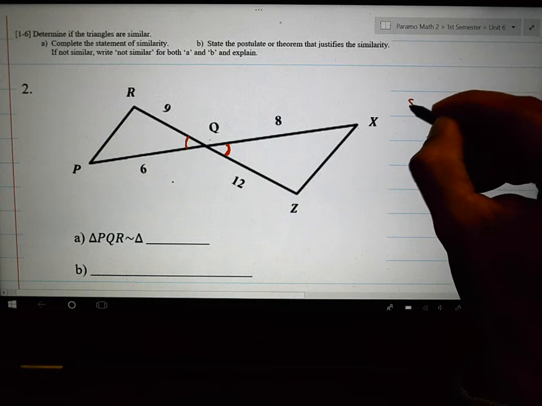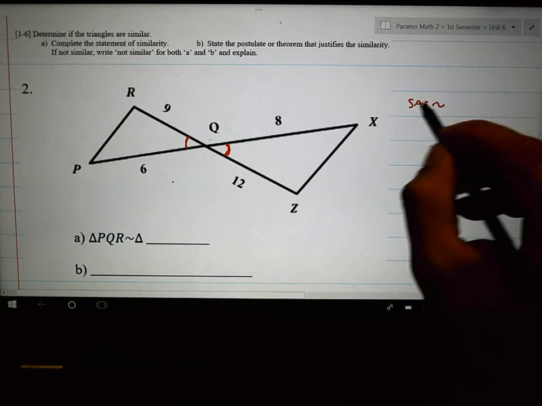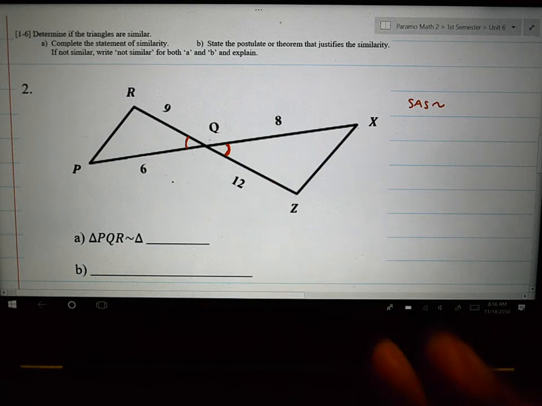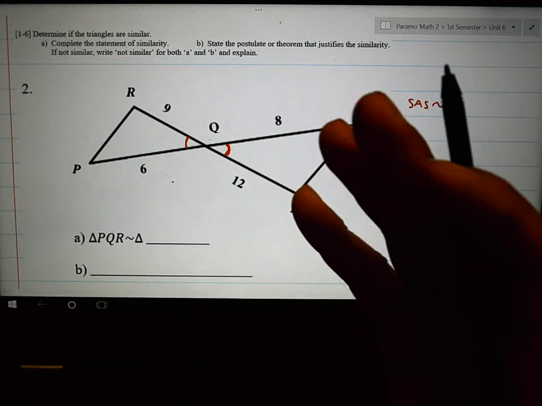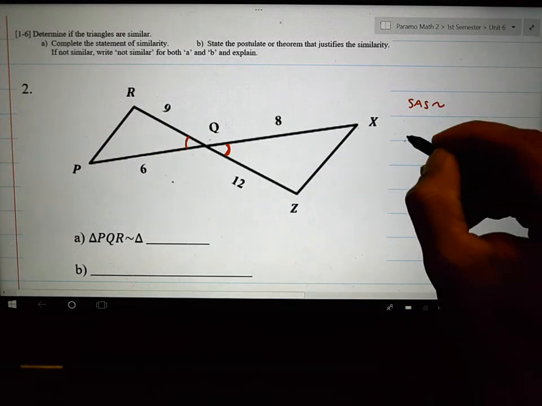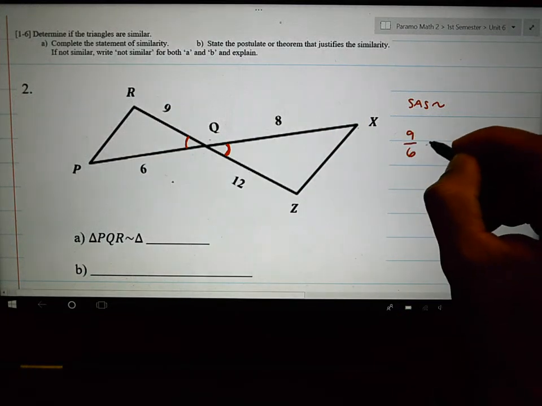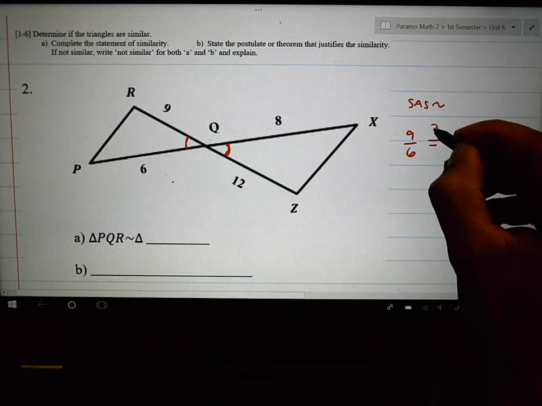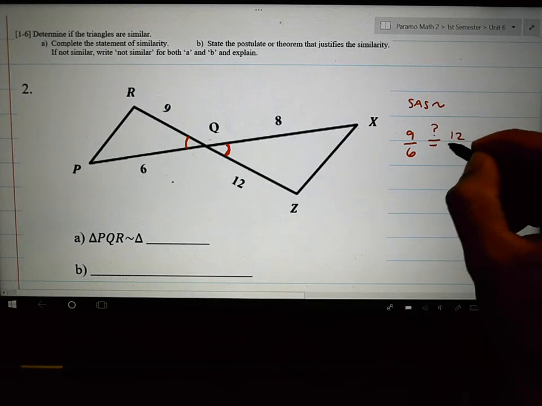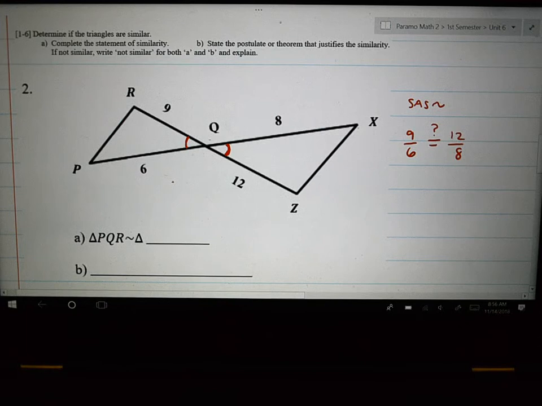If they're similar by side angle side similarity, then the proportions need to be the same. I know the angles are congruent, but are the sides proportional? Is the 9/6 the same thing as the 12/8? That's what I have to check.